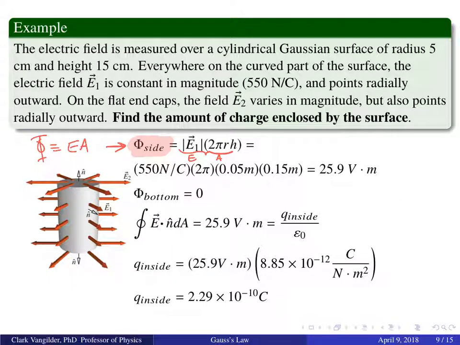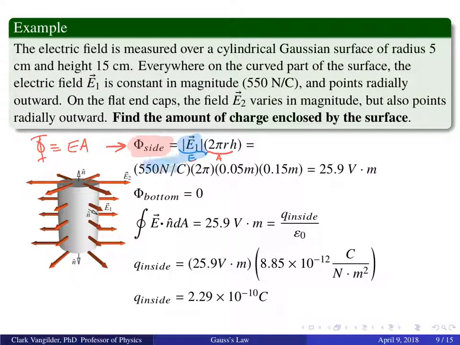The side of a cylinder is just a rectangle, and one of its dimensions is the length of the circle that formerly made it a cylinder. So 2 pi r h is just length times width. We did a lab on that sort of thing last semester. So easy peasy.